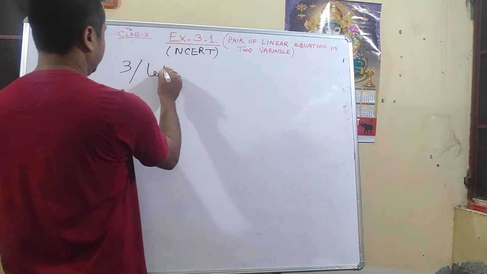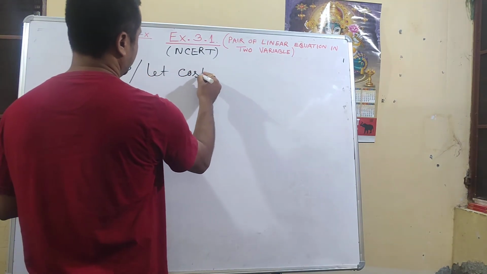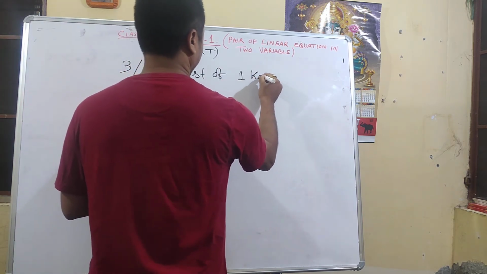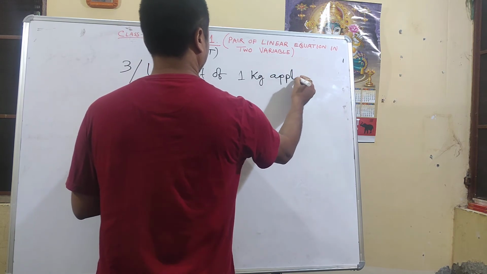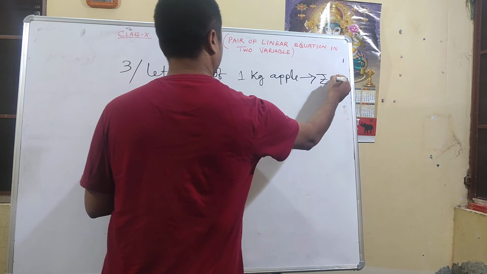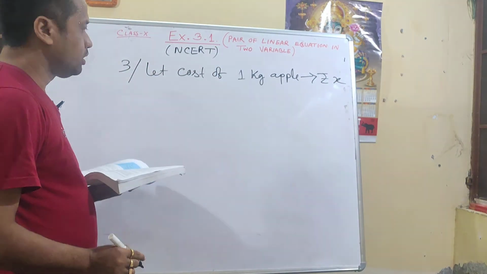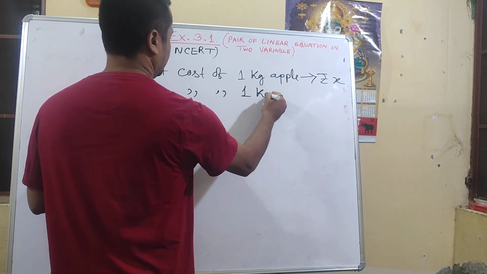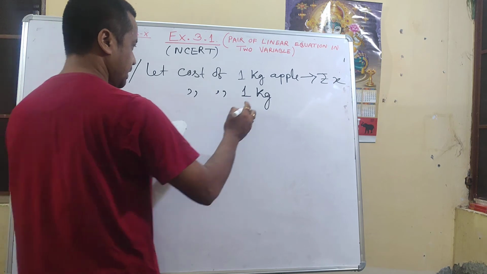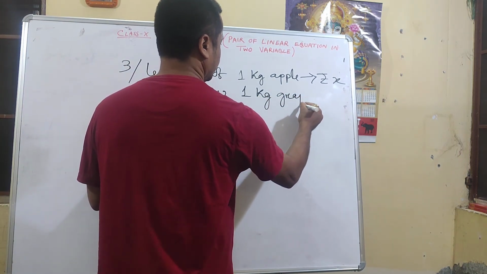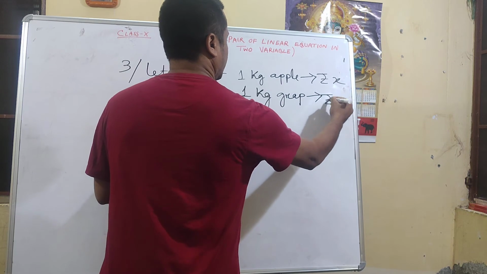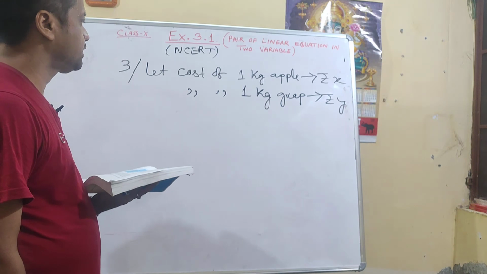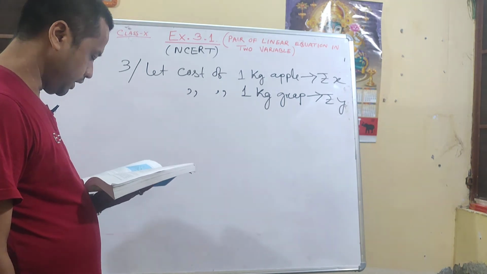So let the cost of 1 kg apple be rupees x and the cost of 1 kg grape be rupees y.